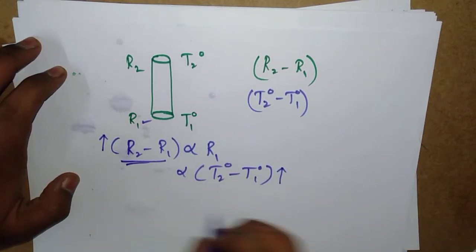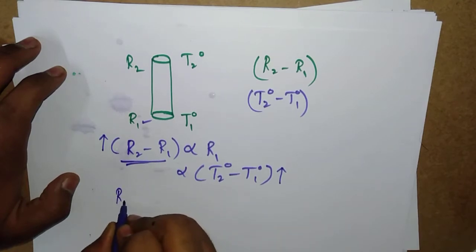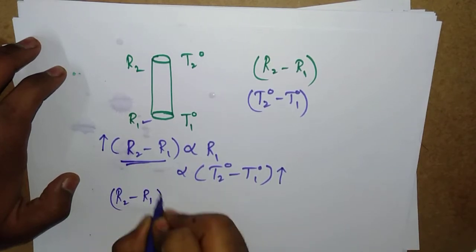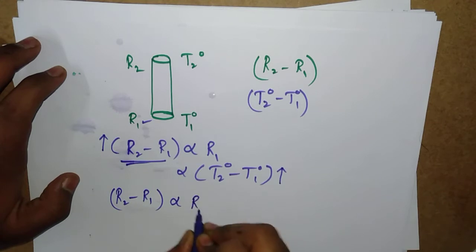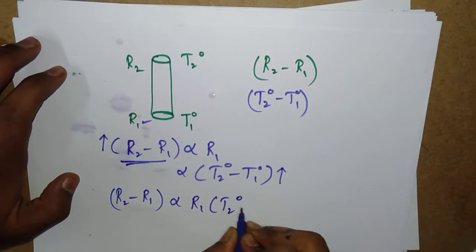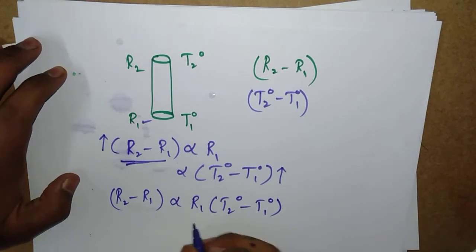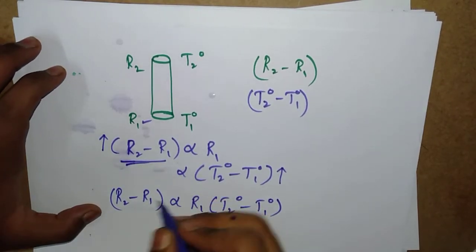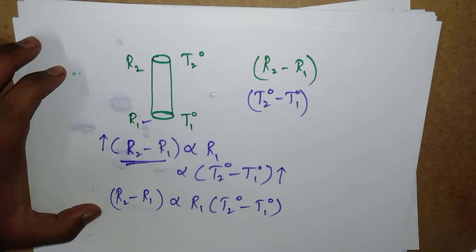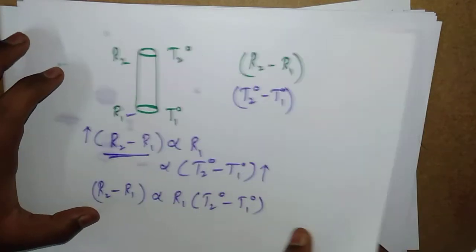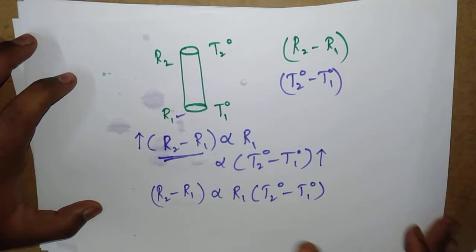Now I'm mixing these two conditions: R2 minus R1 is directly proportional to R1 into T2 degree minus T1 degree. Okay, now everywhere we have to remove this proportionality sign. For removing the proportionality sign, I am adding a constant here, that is alpha.